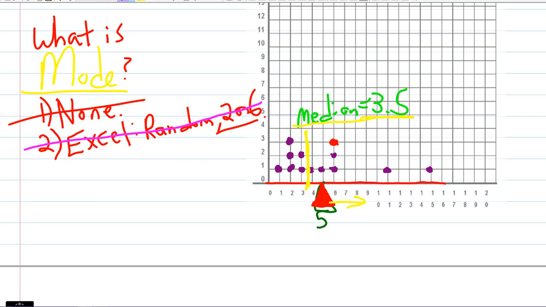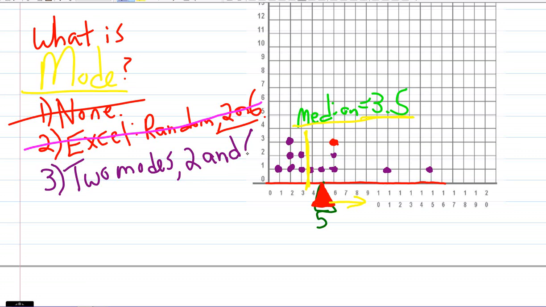I think the best answer to use in a case like this would be to say there are 2 modes and to tell people what they are: 2 and 6. Now, when you discuss something that has 2 modes, there are a few common terms people would use.